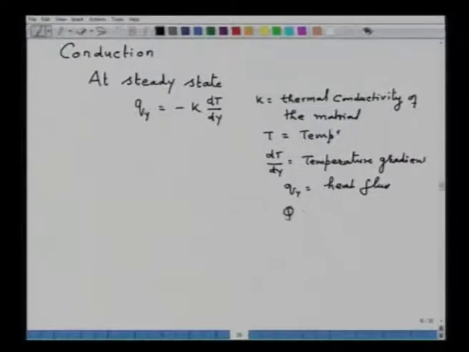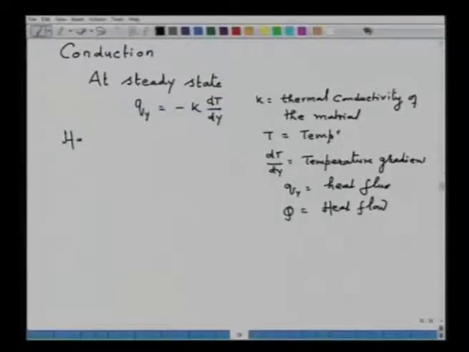If we say Q is the heat flow, so this is what is Fourier's law of heat conduction. That is, in short, it says that heat flux is proportional to temperature gradient.